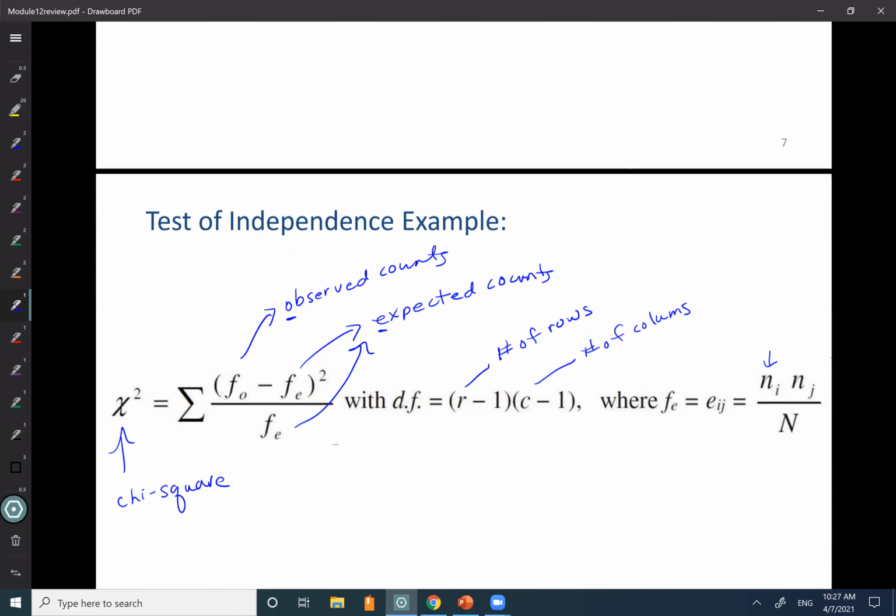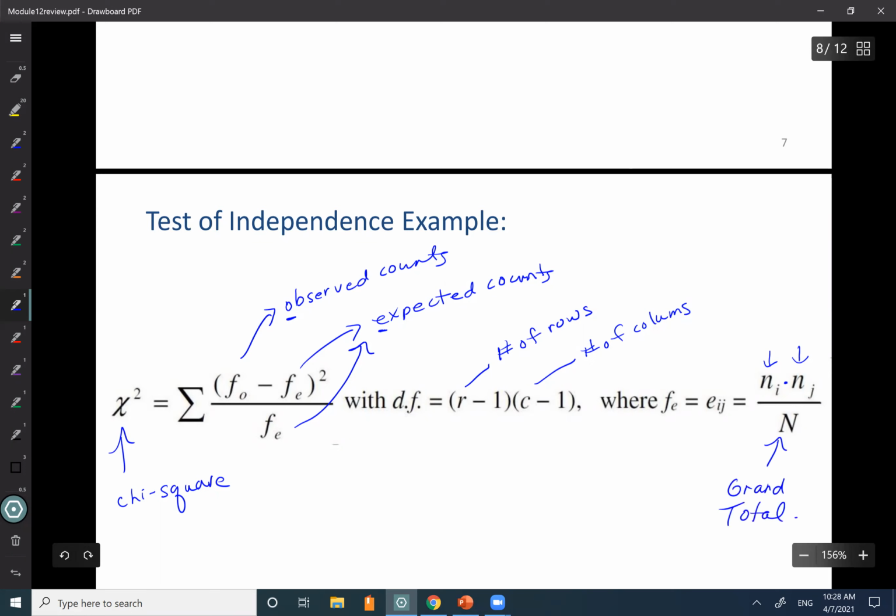And the sum of the columns is n subscript j. So you take the total of the rows, multiply by the total of the columns, or the other way around, for a specific cell, and then divide by the grand total.